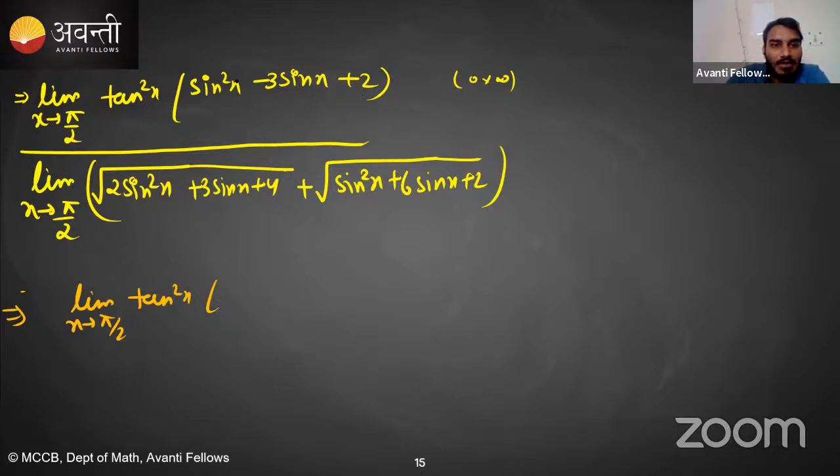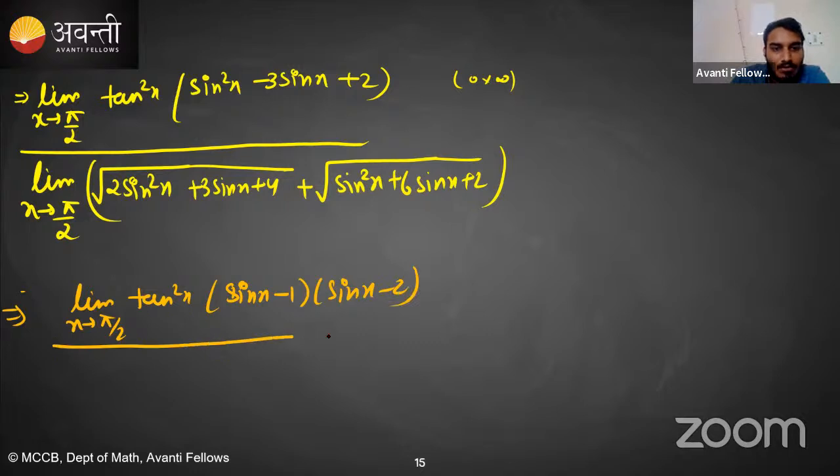On factorization, it can be written as sine x minus 1 sine x minus 2 divided by, substituting x is equal to pi by 2, square root of 2 plus 3 plus 4, 9 plus root 9. So it is nothing but 3 plus 3, 6.